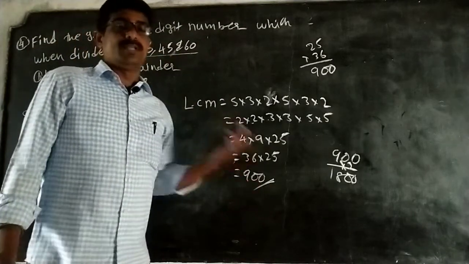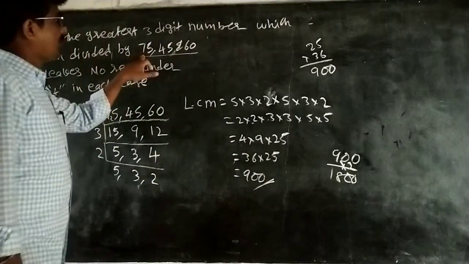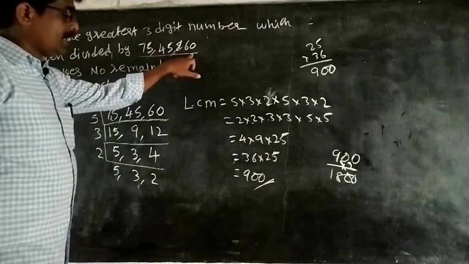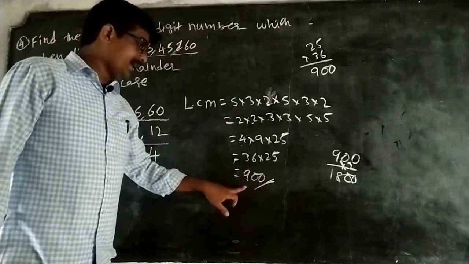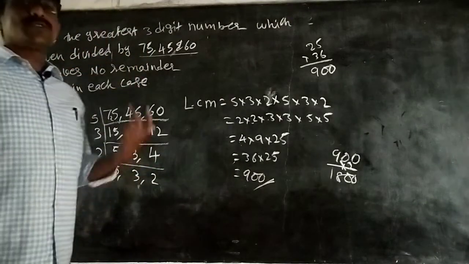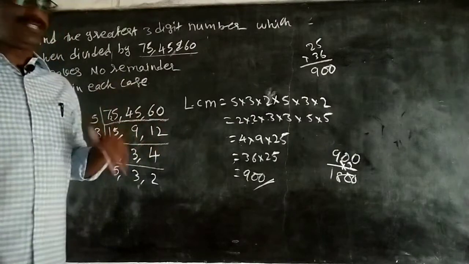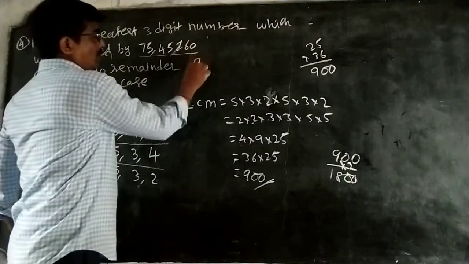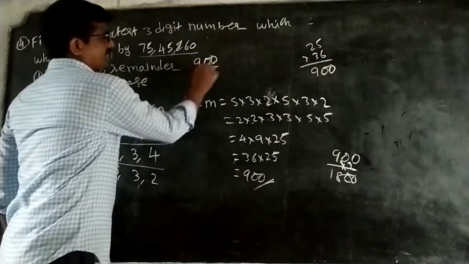So no remainder, no leftover remainder, is always 0. The answer is 900.